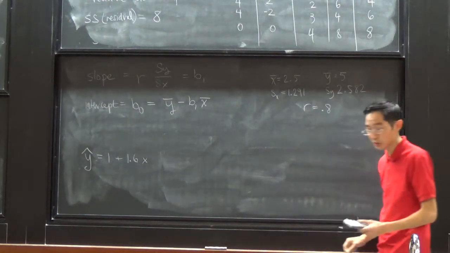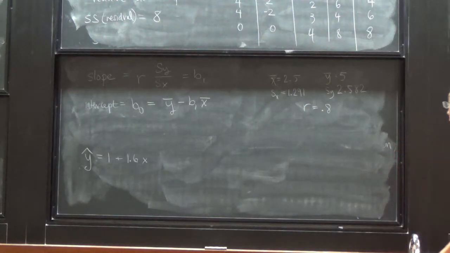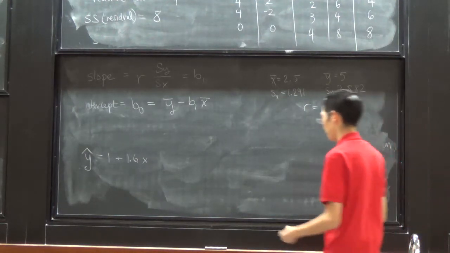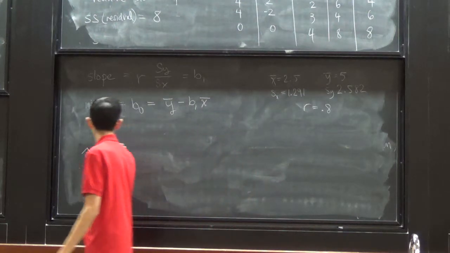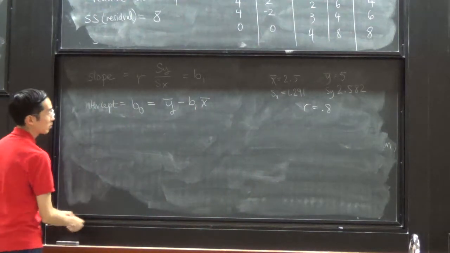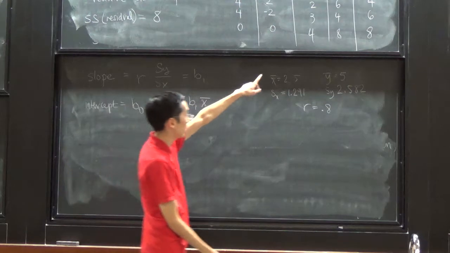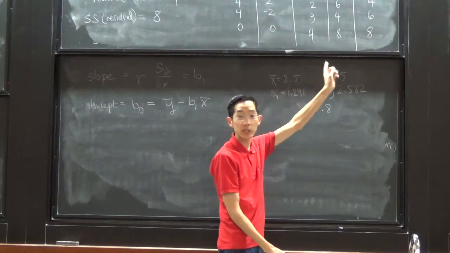And the correlation between the two values was 0.8. These are the summary statistics from the data points we had for x and y.